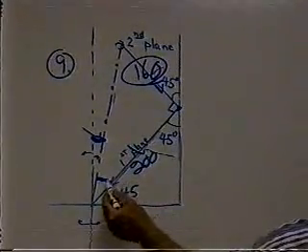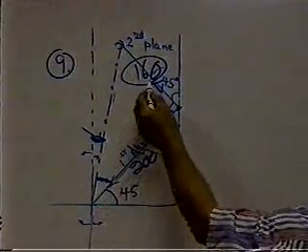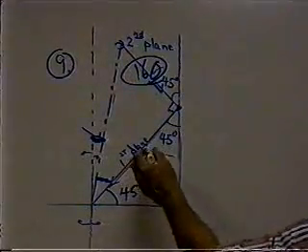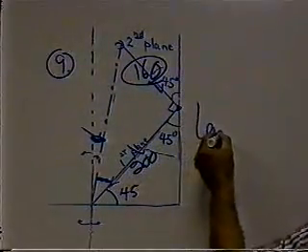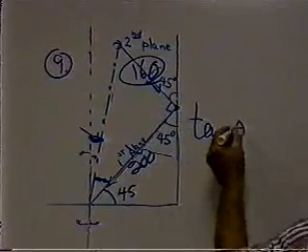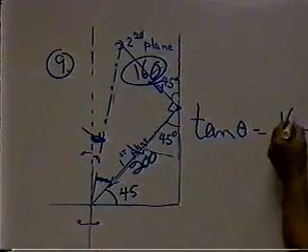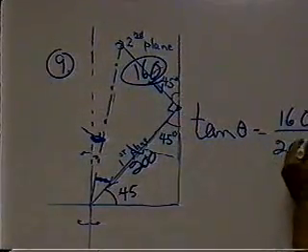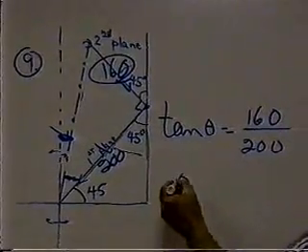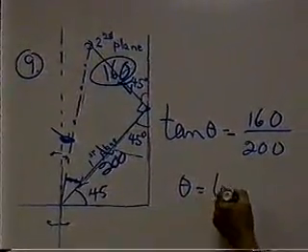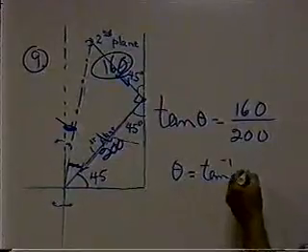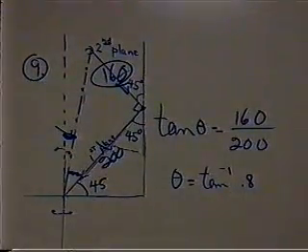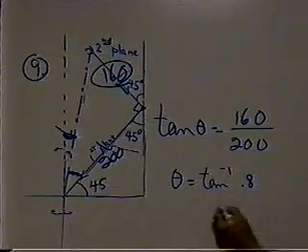Which is, let's see, here's the angle, this is opposite, adjacent. Therefore, we're going to do the tangent of this angle is equal to 160 over 200. So therefore, theta is the inverse tangent of 0.8. Okay? And that's 39 degrees.